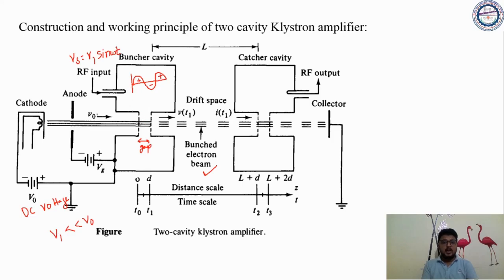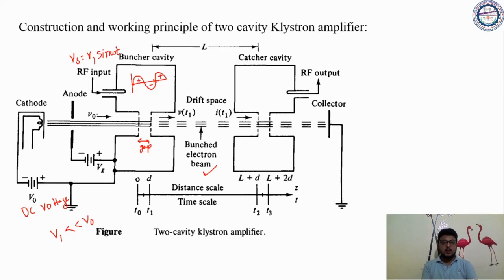We can see we have the applied voltage. This is a weak signal RF input, called Vs equal to V1 sin omega t. So I have drawn this. Some of the electrons may come in the negative half cycle, some may come at this point, and some may come in the positive half cycle. In this cavity gap, the electrons which pass through the negative half cycle are decelerated, meaning their velocity will decrease.